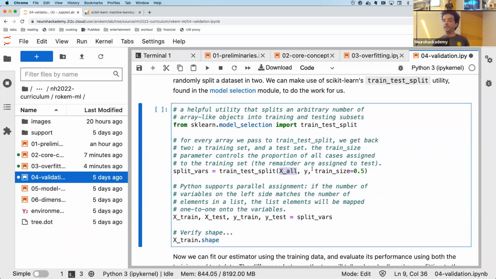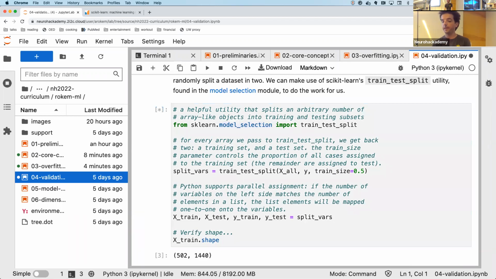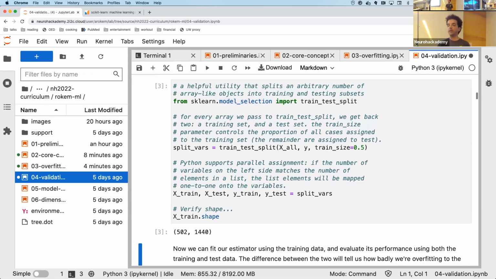It takes X and Y, and it can optionally take something like the training size, how we're splitting the data. If it's a fraction, then in this case it will split the data exactly in half. Just to make it clear, the splitting here is on the samples.